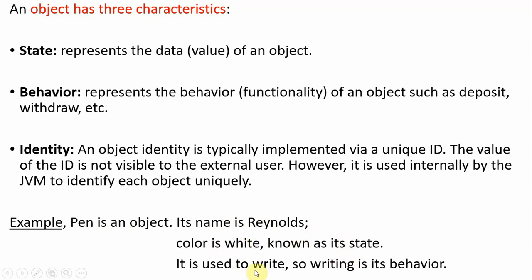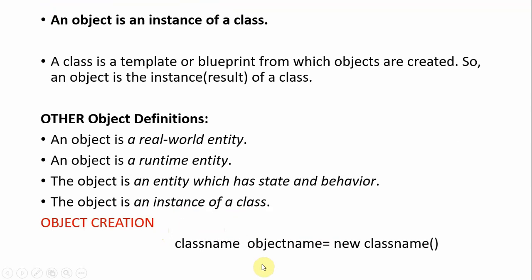And the pen is meant for writing, so writing is the behavior. So these are the three characteristics. Name means identity, color means state, writing means behavior.